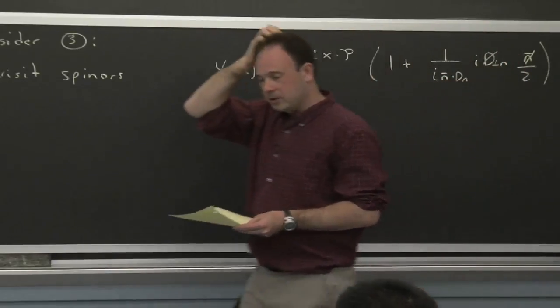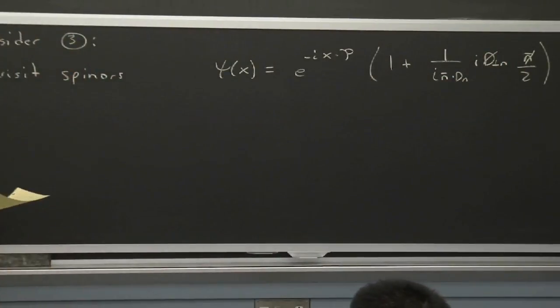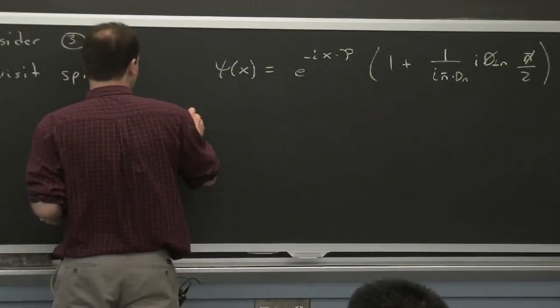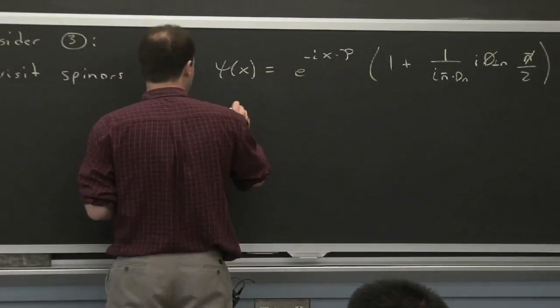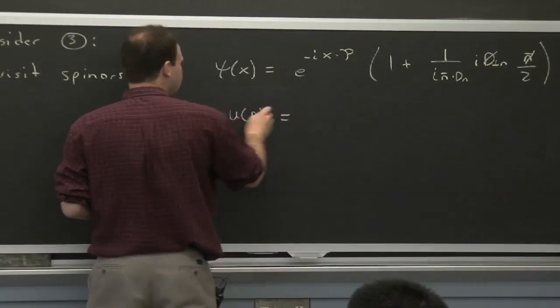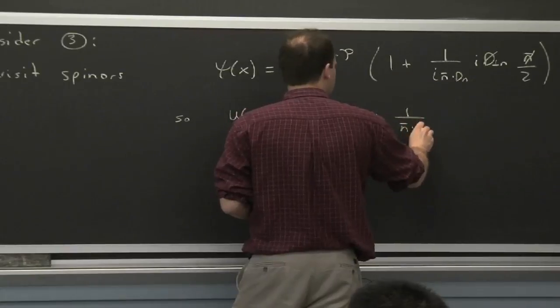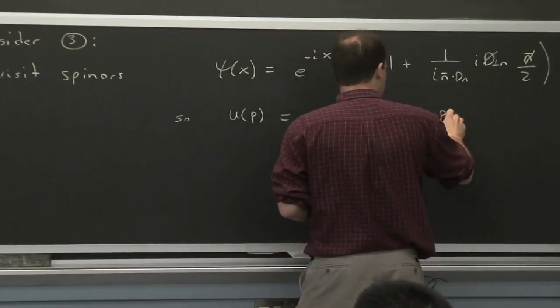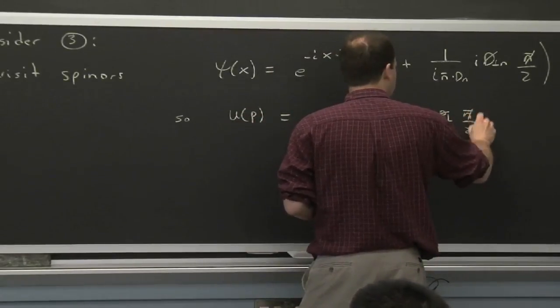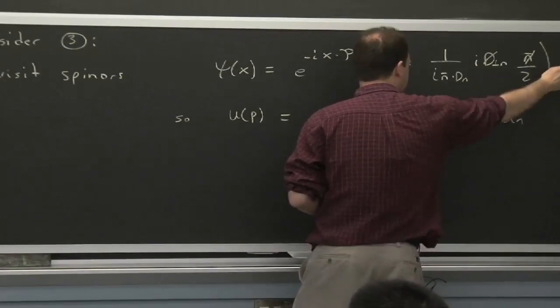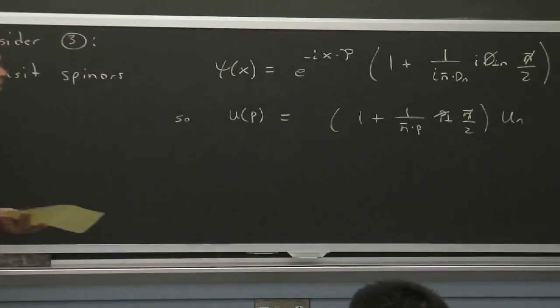So from that formula, if we just project onto the spinor pieces, we can write down a formula that relates the spinors. So throwing away the gauge fields, we have in momentum space that u of p, the spinor, would be related to whatever spinor we have for this Cn field, which I call un, by that formula.